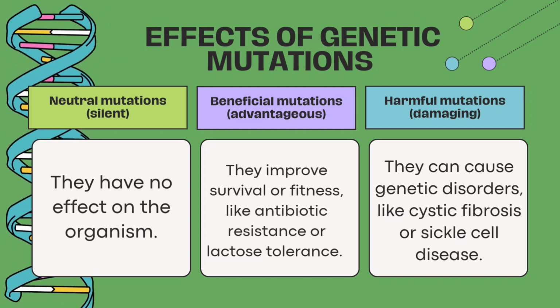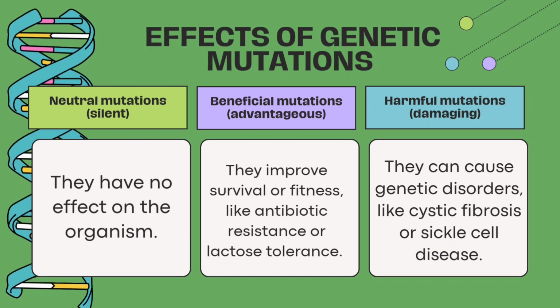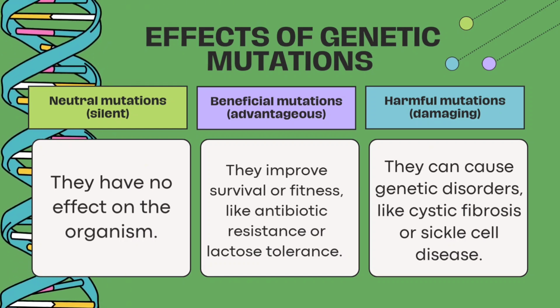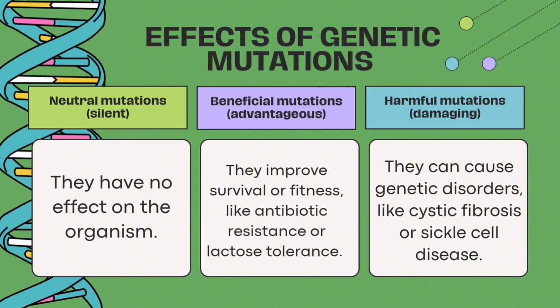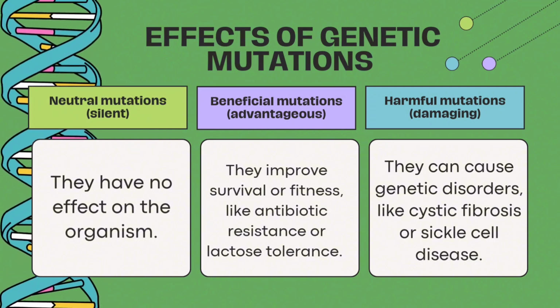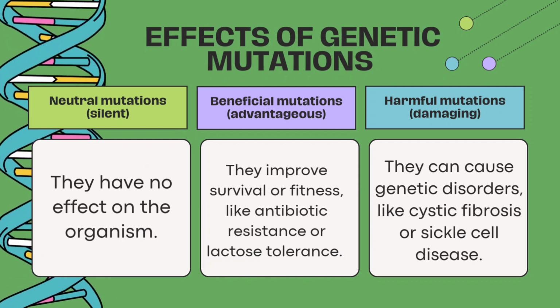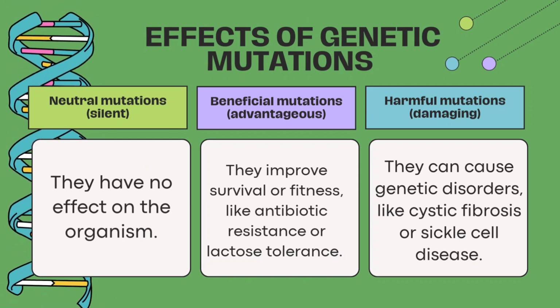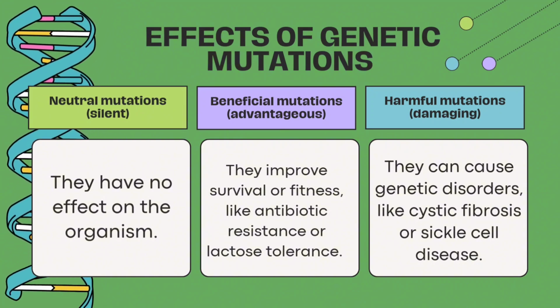For example, cystic fibrosis results from a mutation in the CFTR gene, causing thick, sticky mucus to build up in the lungs and digestive system, leading to chronic respiratory and digestive issues. Another well-known example is sickle cell disease, caused by a mutation in the HBB gene that distorts red blood cells into a sickle shape.